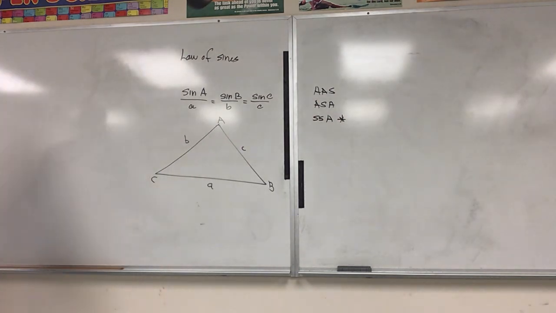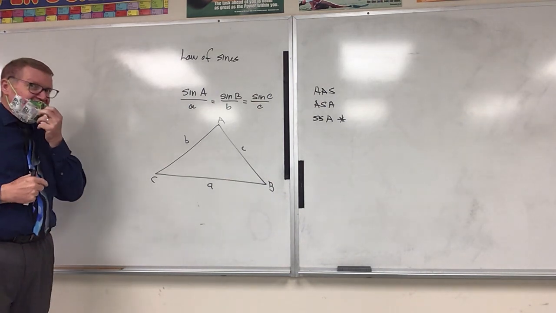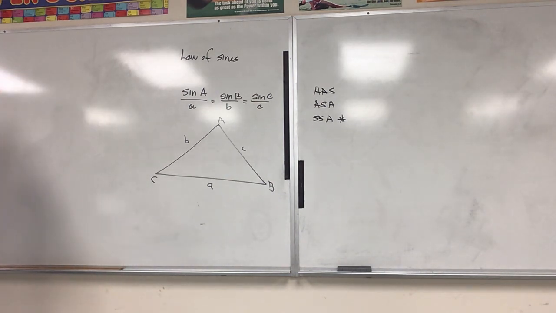Side, side, angle is the one that a lot of people get confused at. But for angle, side, angle and angle, angle, side, there's only one possible triangle that we could do. Take for instance angle, angle, side. That's 2 angles and one of the sides.